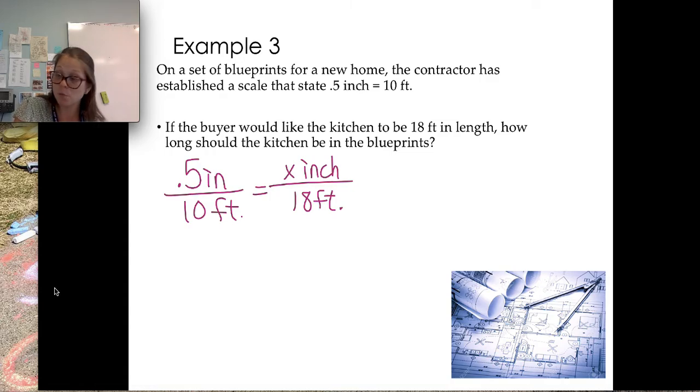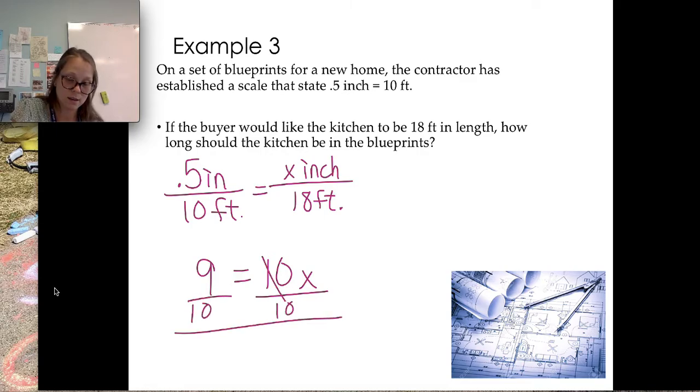We're still going to cross multiply. I'm going to do 0.5 times 18, which is 9, equals 10 times x, so 10x, and then I divide by 10, and I get 0.9 is equal to x. So that means on the blueprint it will be 0.9 inches long.